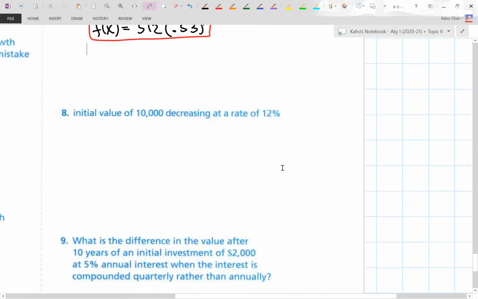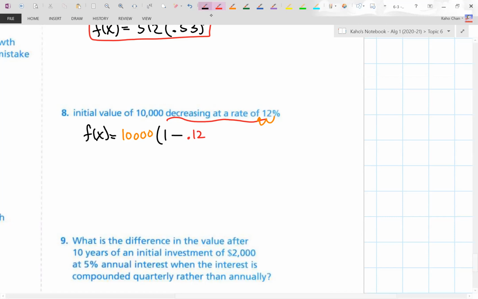Oh, another decreasing problem. Nice. 12%. 0.12. Let's plug this function in. 10,000 is my initial value times 1 minus 0.12 to the x power.